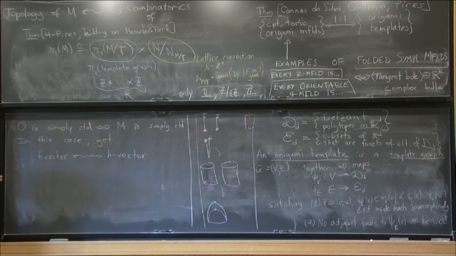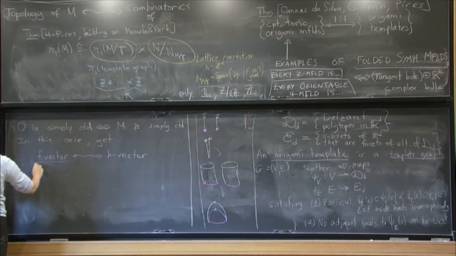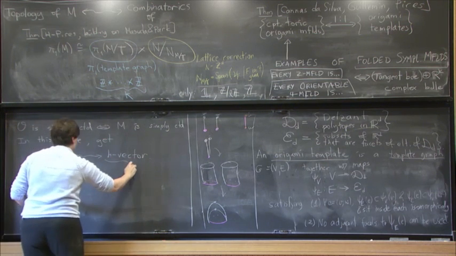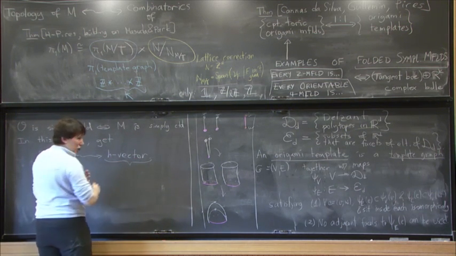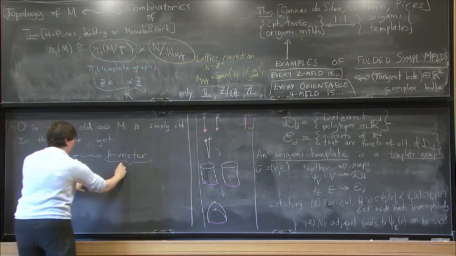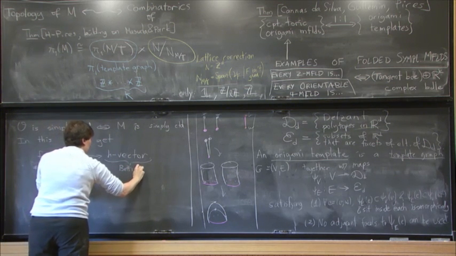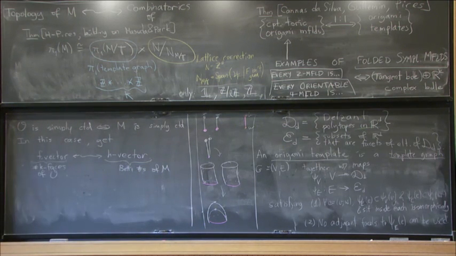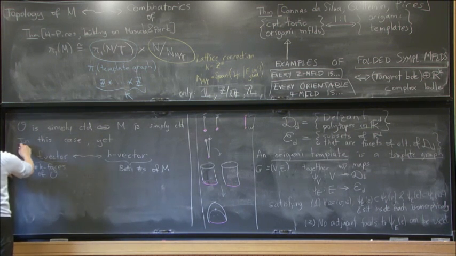So what I should say is the F vector here is counting the number of K faces of O. And here, you do the same translation, but what this ends up counting is the Betti numbers of M. Okay, and so this fact is due to Masuda and Panov. Yeah, Masuda and Panov implies this.